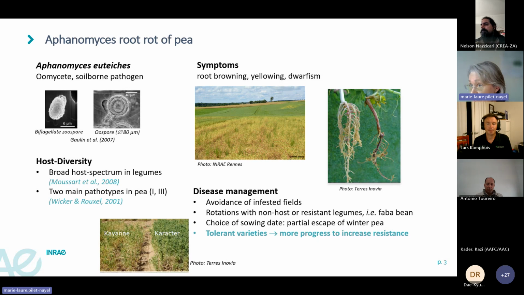This chip will gather markers already published, and especially markers which have been observed as linked to QTLs. So it would be a very useful tool for the community, and with a low cost.